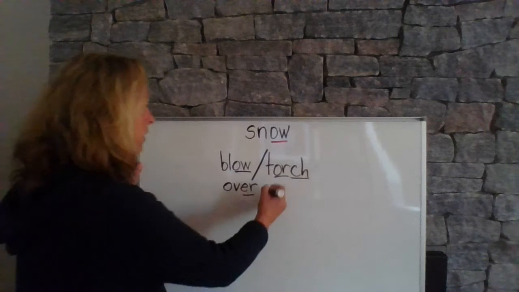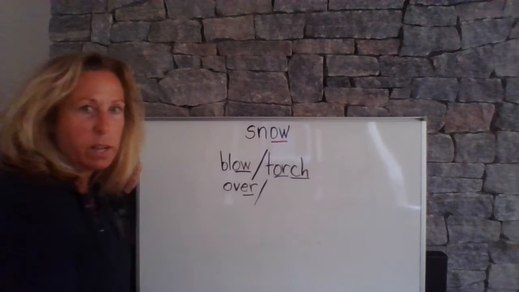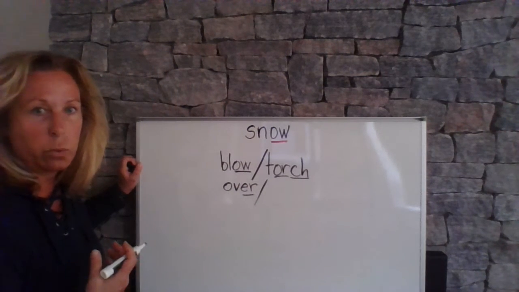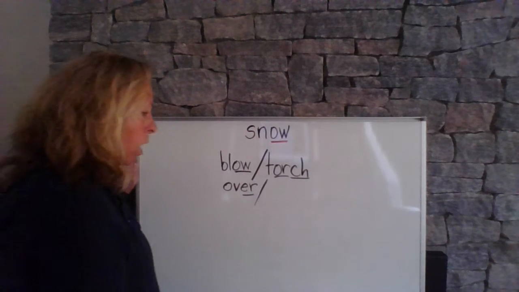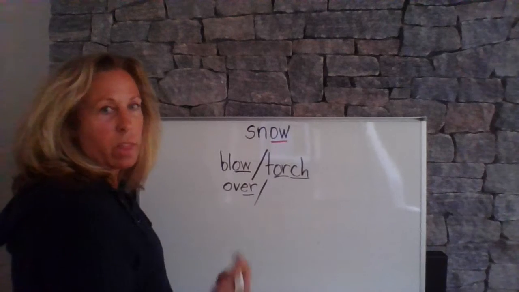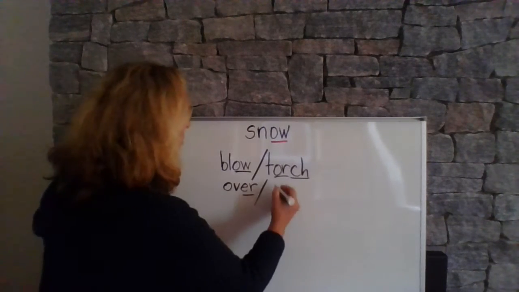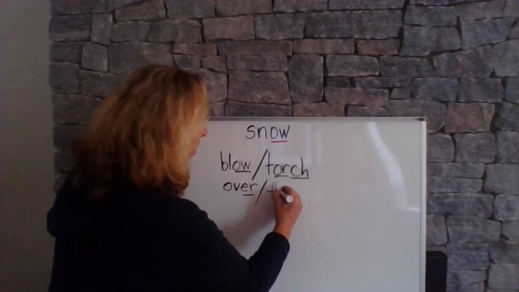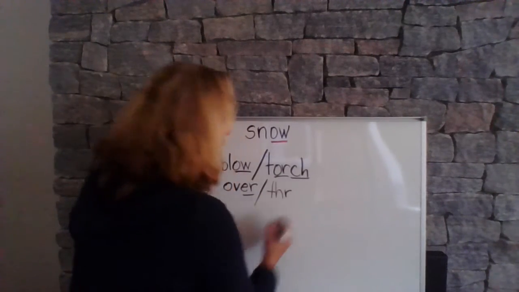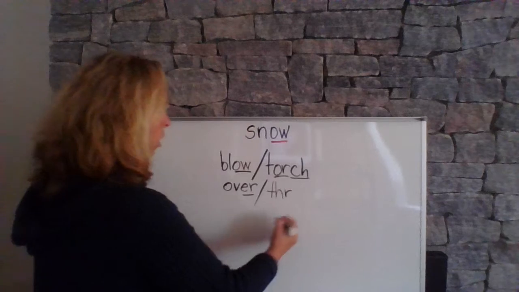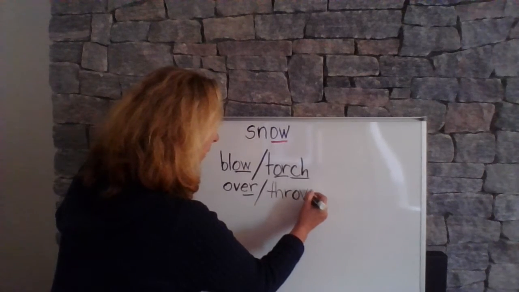Overthrow. So here's the second part. Again, this symbolizes to me that this is a compound word or the second syllable. Overthrow. We know that digraph, TH, O, and we know O from snow.